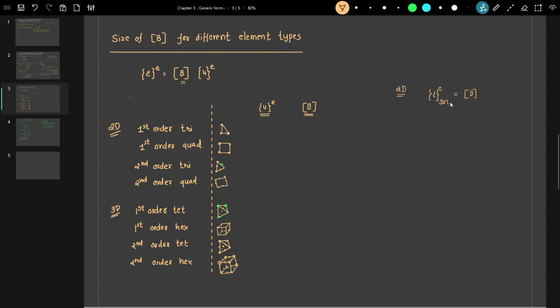And B matrix, as we know, the first dimension is number of strain components, so 3, and the second one is degree of freedom per element. So it depends on element type. Then UE is again degree of freedom per element by 1.